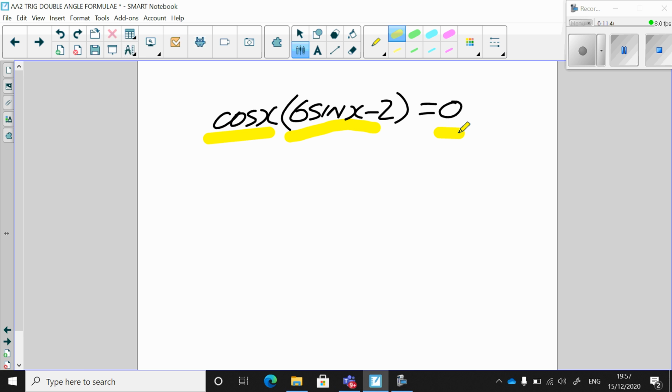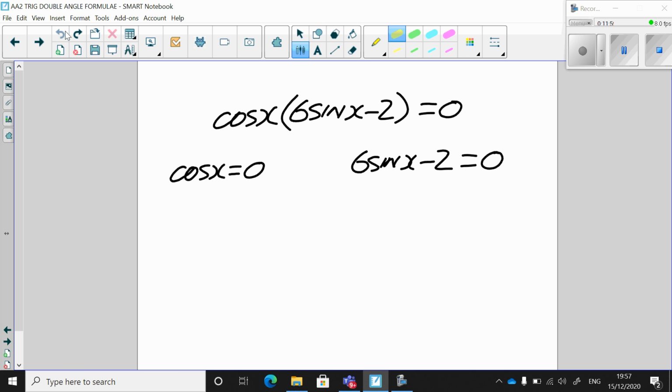The only way that's possible is if cos x is equal to 0, or the stuff in the bracket is equal to 0. You're always going to have sin x or cos x, unless I tell you otherwise, equal to 0. Use the graph.